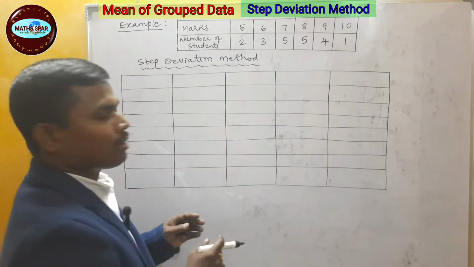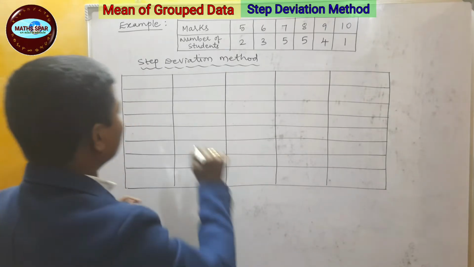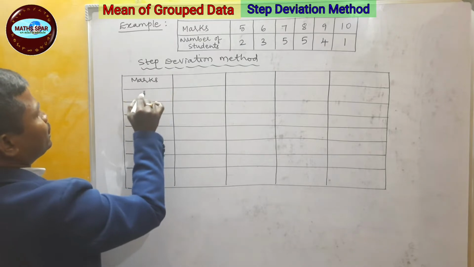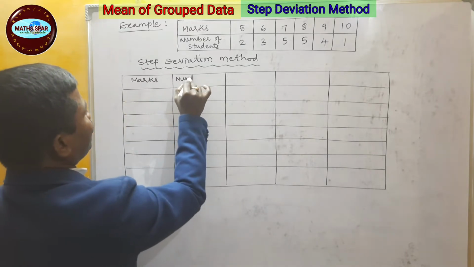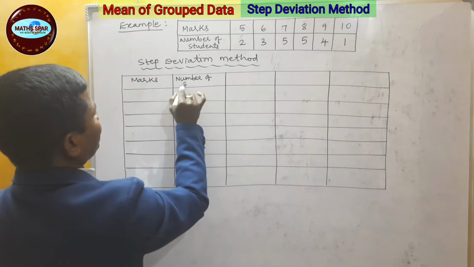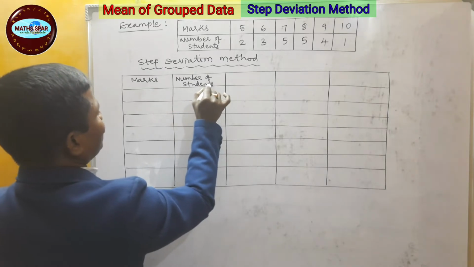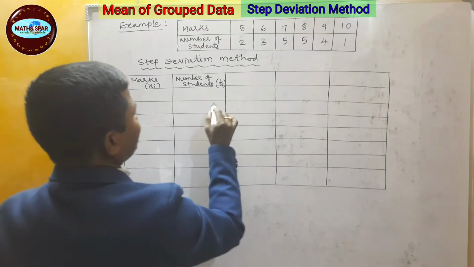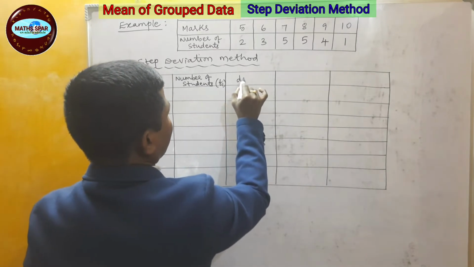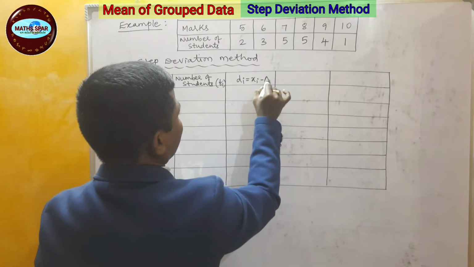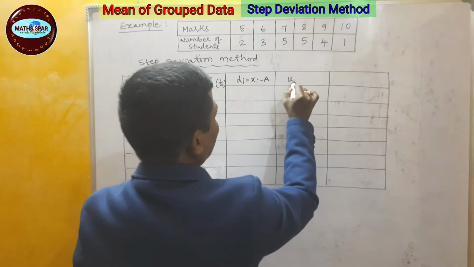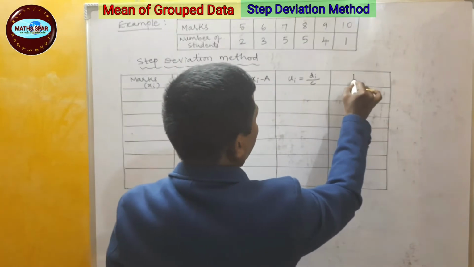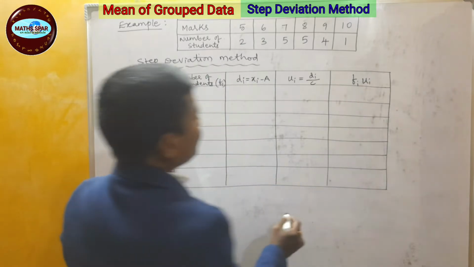Let us solve. After preparing a table, let us first write all the details given in the frequency distribution. That is marks xi, number of students fi, then deviation xi minus a, then ui equal to di by c, then fi ui.